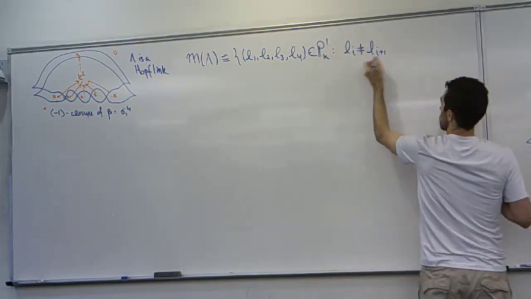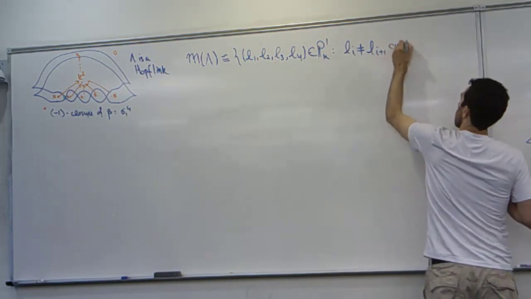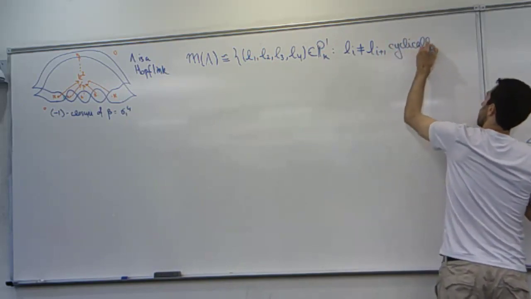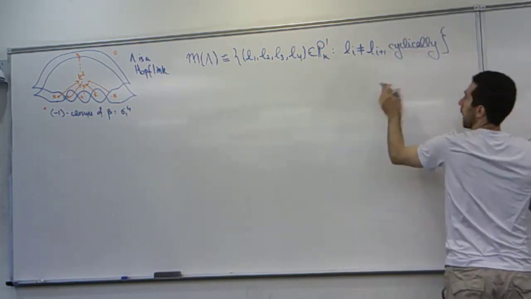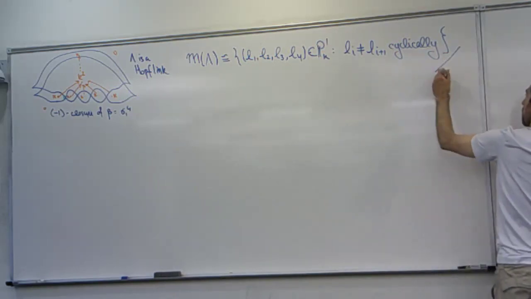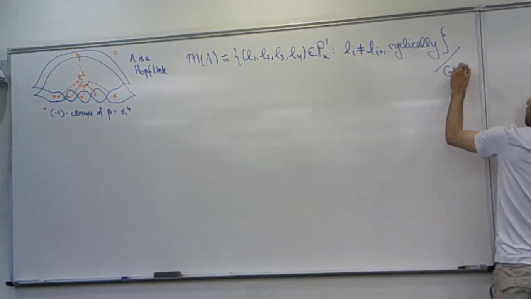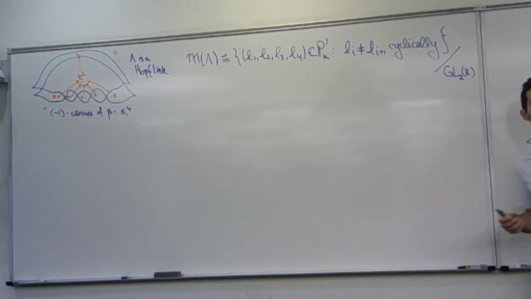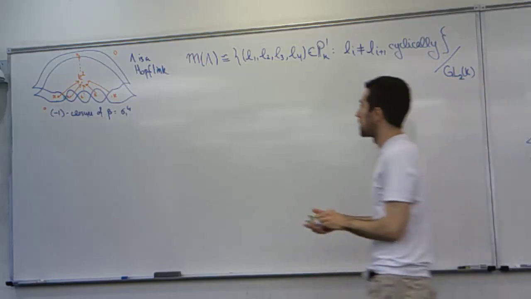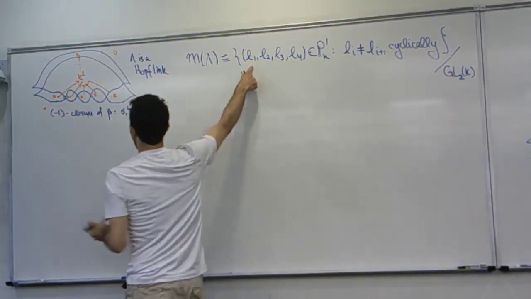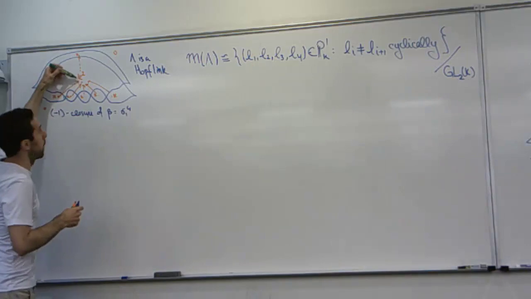This is understood cyclically, so the first one is also different from the last one. And all of that had a choice of identification of the vector space, so you have to mod out by GL2 of K. Just to be very explicit, L1 is the information of this injective map.